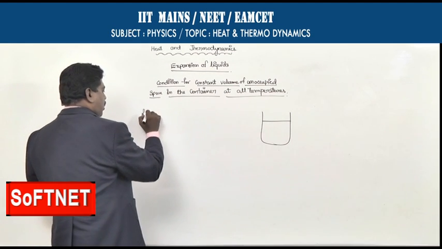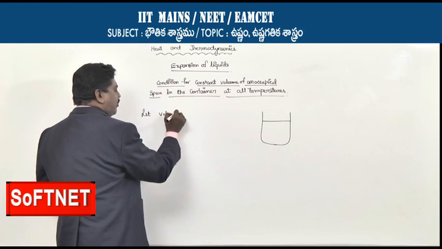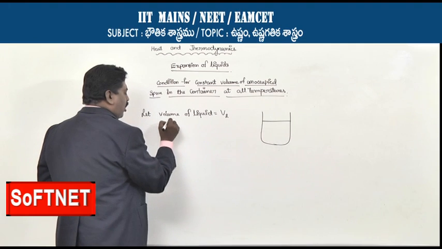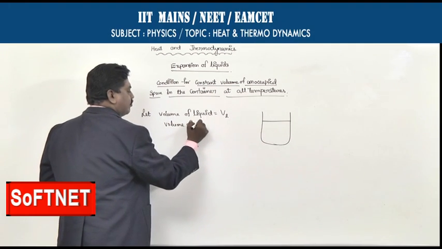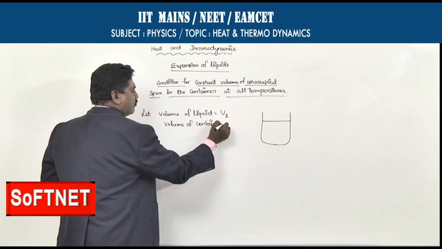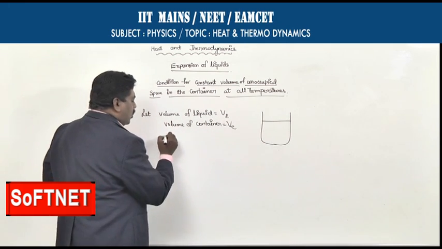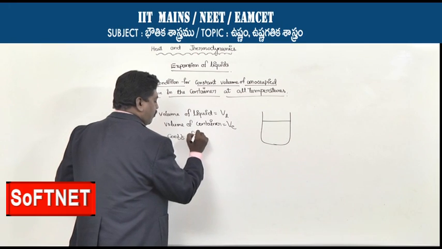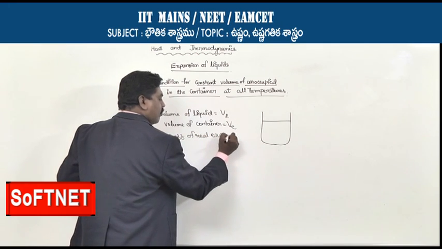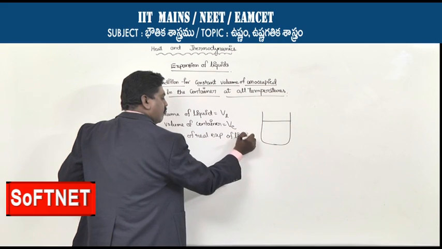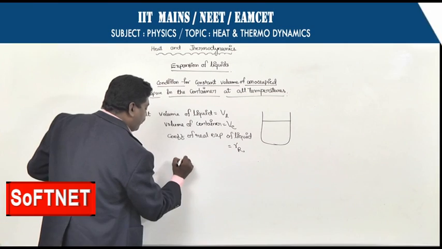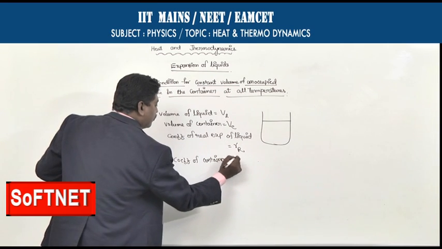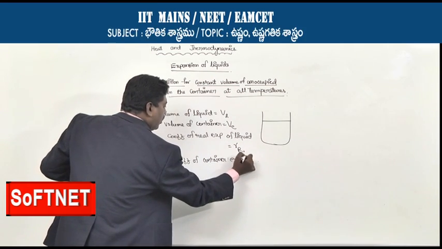Let the volume of liquid be VL, the volume of container be VC, the coefficient of real expansion of liquid be gamma R, and the coefficient of container expansion be gamma.